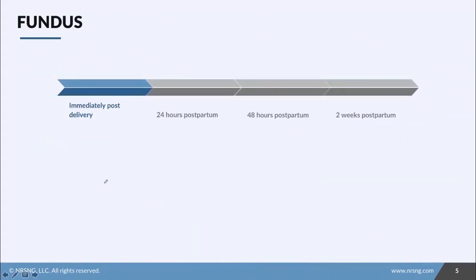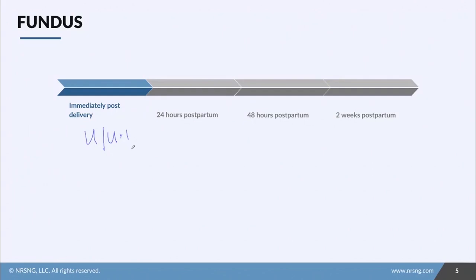Let's look at the timeline of the fundus after delivery, just to make it more clear. Immediately post-delivery, the patient's uterus should be at U to U+1, which means at the umbilicus or slightly above.